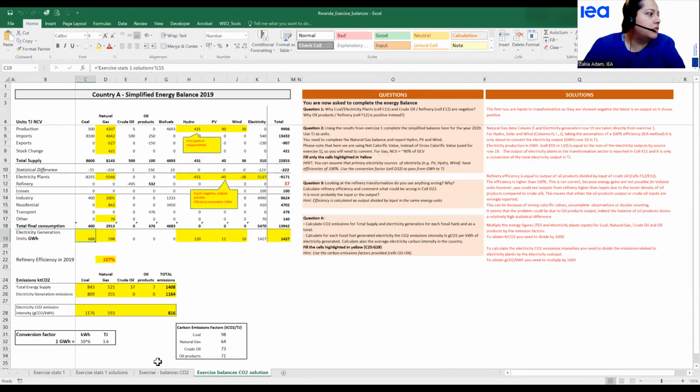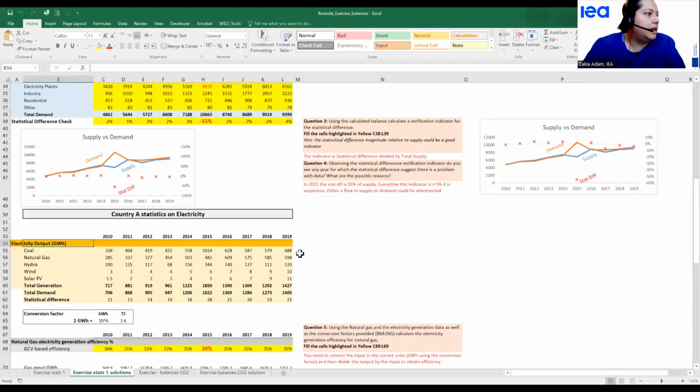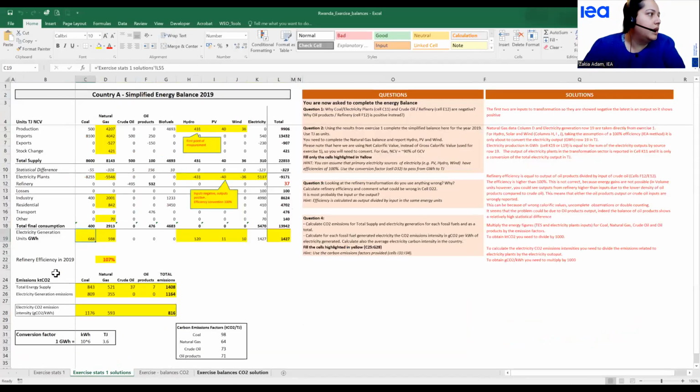For example, for coal, you come here and link it to 688. You put the value for natural gas, for hydro, wind, and solar PV, and the total is just the sum. So this is easy.